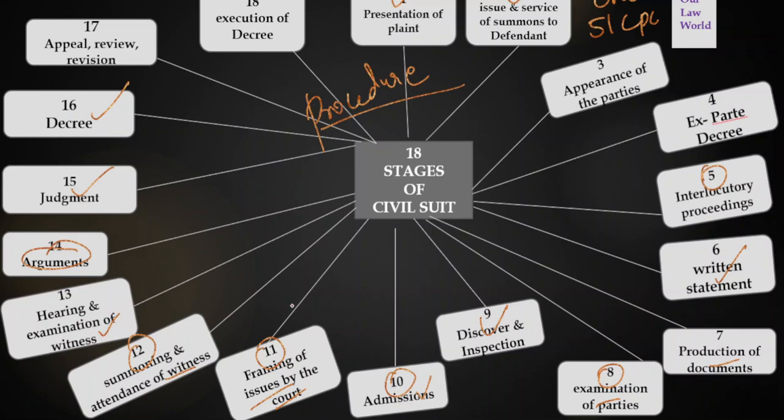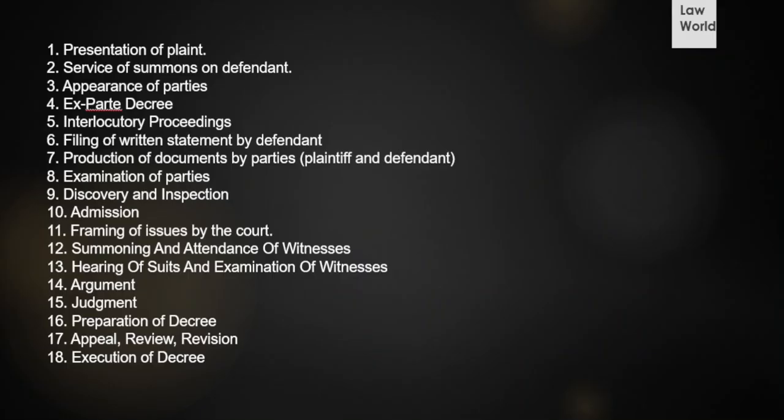These are a glimpse of what all stages are there in the civil suit. Now if we look into it, presentation of plaint comes under Order 7. After the plaint is presented, service of summons on defendant. The second stage is summons being sent to the defendant.